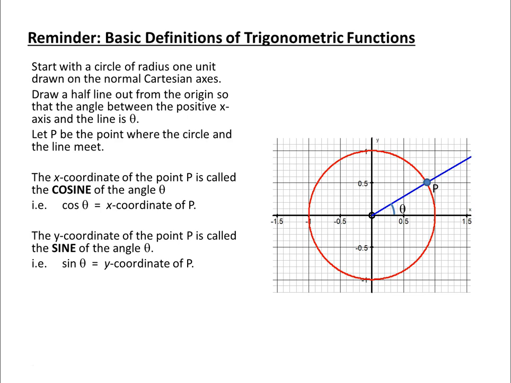If we start with a circle of centre the origin and radius 1 unit, and then we draw a ray coming out from the origin, from the centre of the circle, making an angle of theta with the x direction, then the x-coordinate of P is the definition of the cosine of the angle theta, and the y-coordinate of P is the definition of the sine of the angle theta.